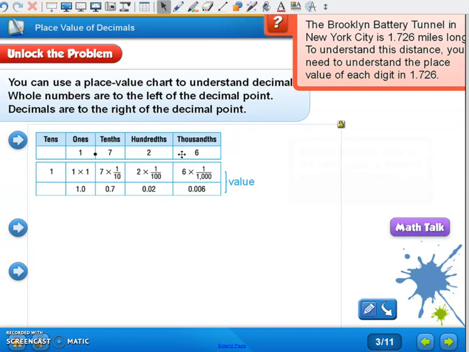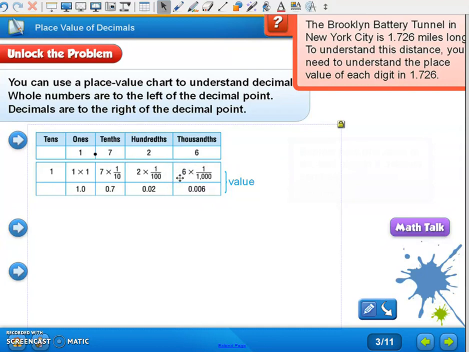And if we're to write that in expanded form, we would have 1 times 1, 7 times 1/10, because this is the tenths place, 2 in the hundredths place, so we could say 2 times 1/100, and then 6 is in the thousandths place, so 6 times 1/1,000.